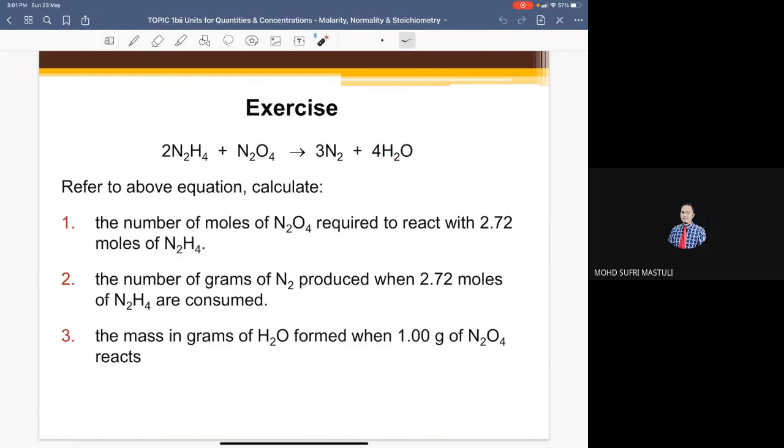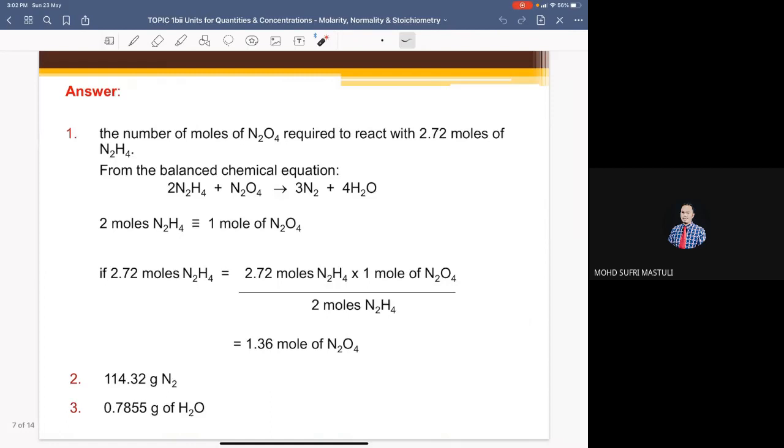The question is, what is the number of moles of N2O4 required to react with 2.72 moles of N2H4? It's asking you for the moles of this one in order to react with 2.72 moles of N2H4. So we try to answer it together.